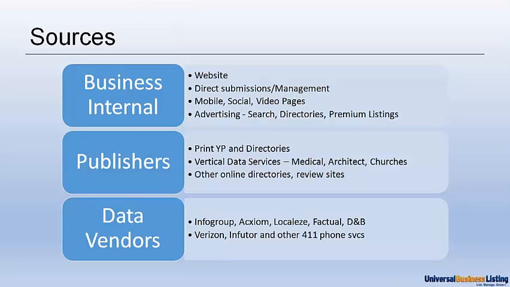So the first thing I wanted to do in terms of looking at the data flow is actually to review the data sources. And of course, it starts with the business itself. Now, many small businesses may not have spent the time to create a profile to describe their business, so they are starting from scratch. And many large businesses struggle with an accurate internal data set of their locations, either because they've got thousands of locations or because of regional inconsistencies.